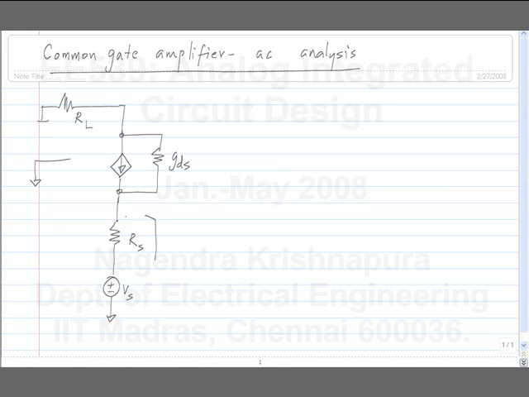This equivalently can also be thought of as a current source in parallel with a resistance. The current source value here will be Vs by Rs, but you can think of it as an independent current source. Let me change the notation a little bit. I will make this Vi instead of Vs.